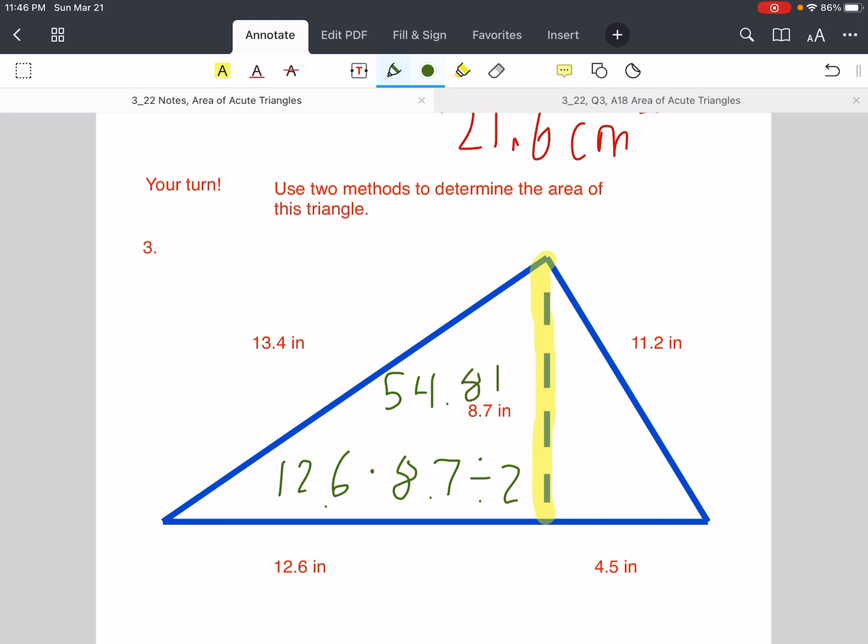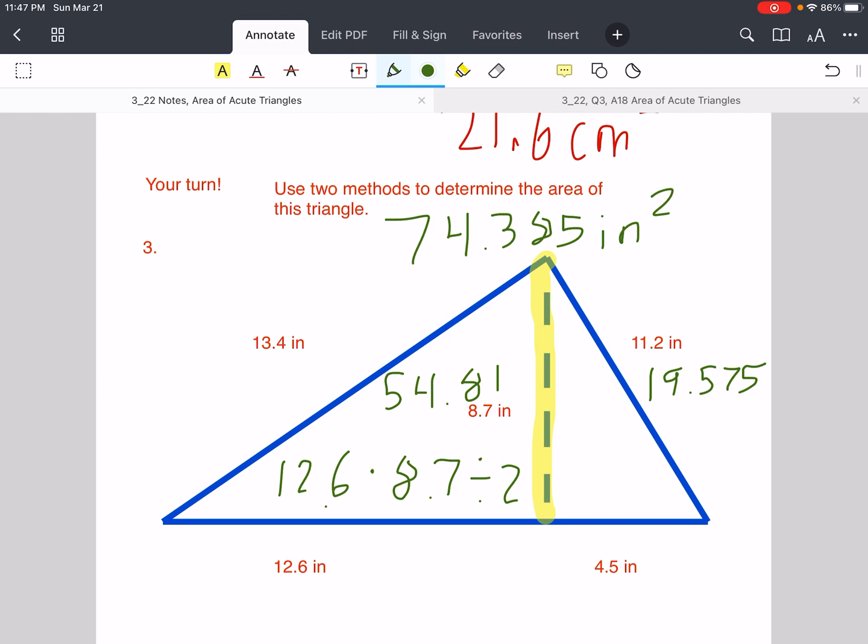And then for the second triangle, 4.5 times 8.7 divided by 2, that gets you 19.575. So that's the area of those two triangles. If we add them together, we get 74.385 inches squared. So area of the left triangle plus the area of the right triangle.